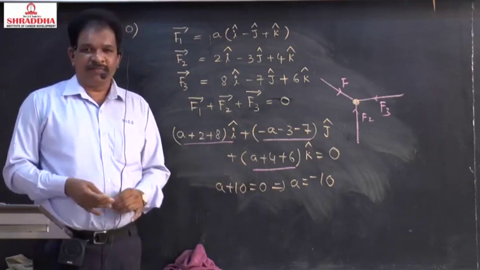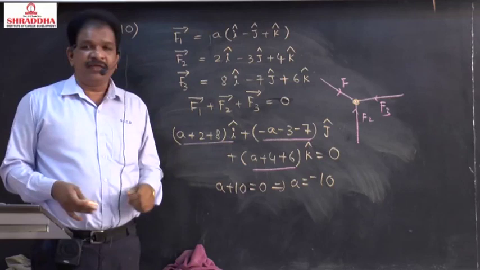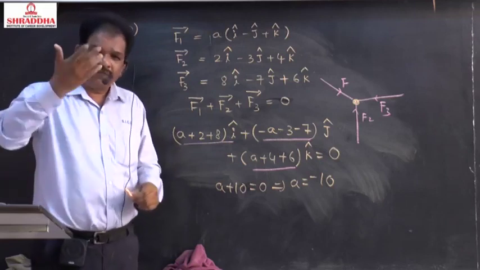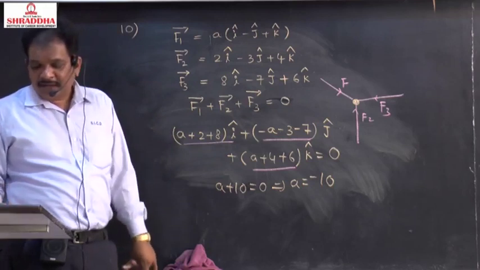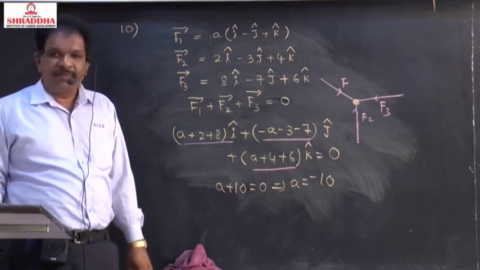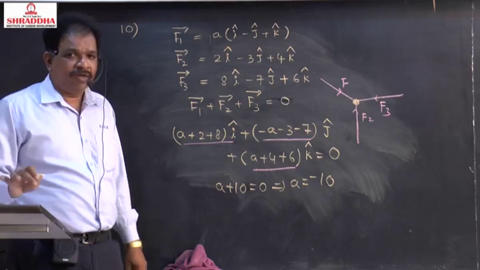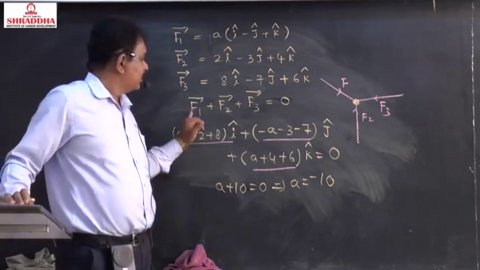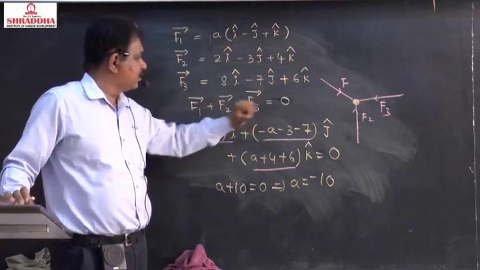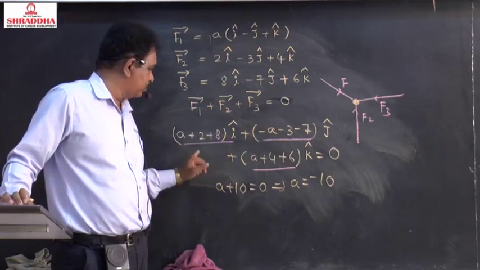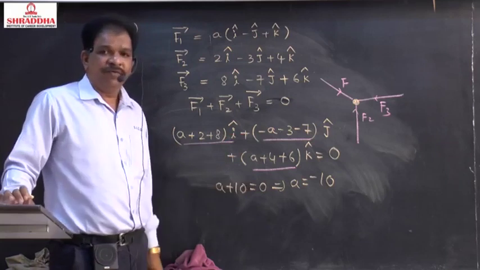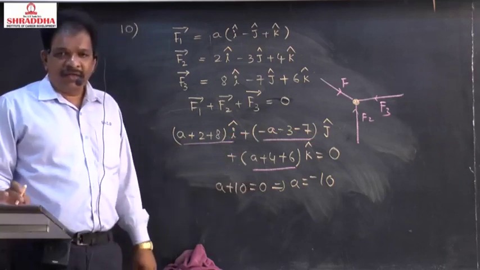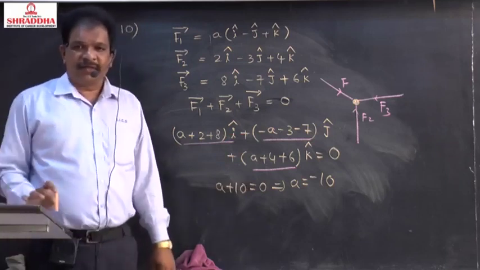What did we see? Three forces are given. These three forces are applied on a particle, and that particle is in equilibrium. Find the value of A. The sum of those three forces is equal to 0. By equating that to 0, we get A is equal to minus 10.